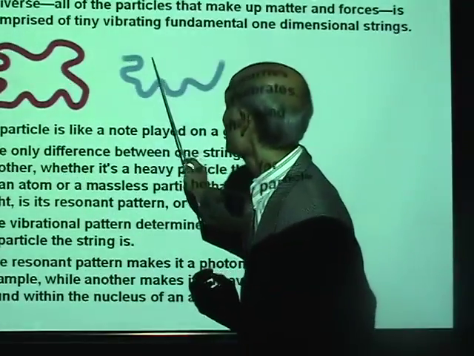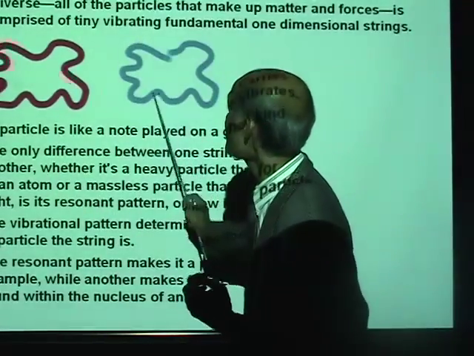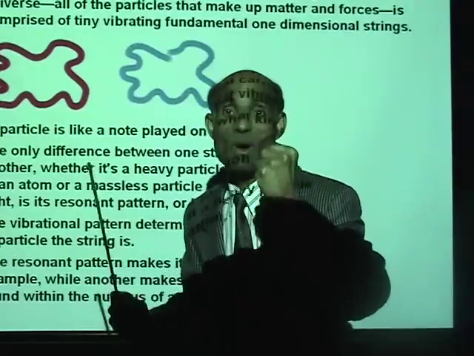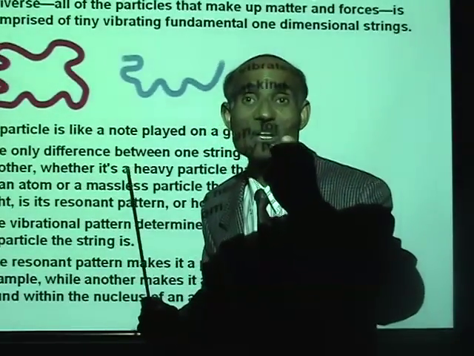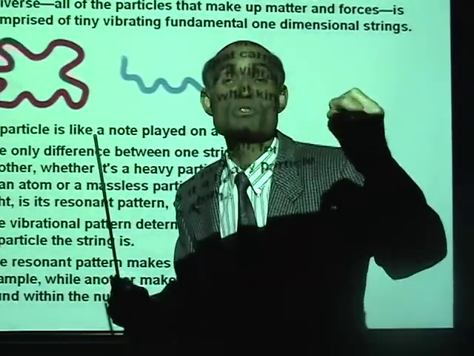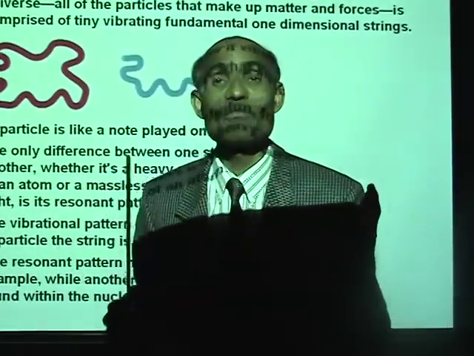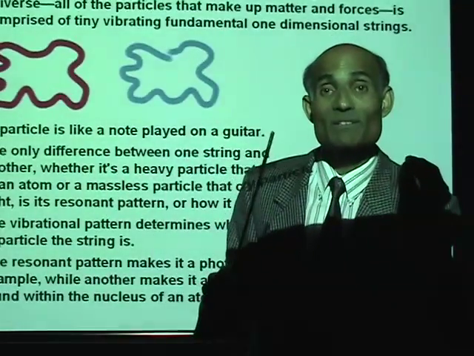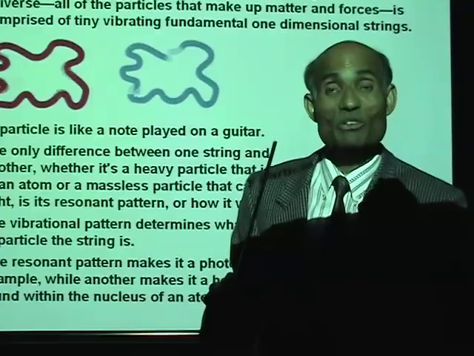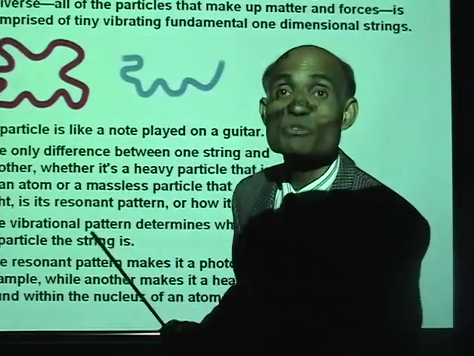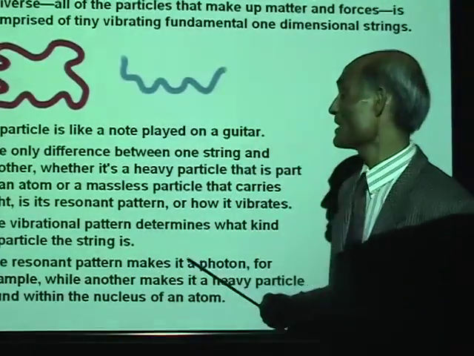You can see here the different modes of vibration. If one mode represents the massless particle photon, another mode of vibration can represent the heavy particle, the proton, neutron, electrons, and so on.